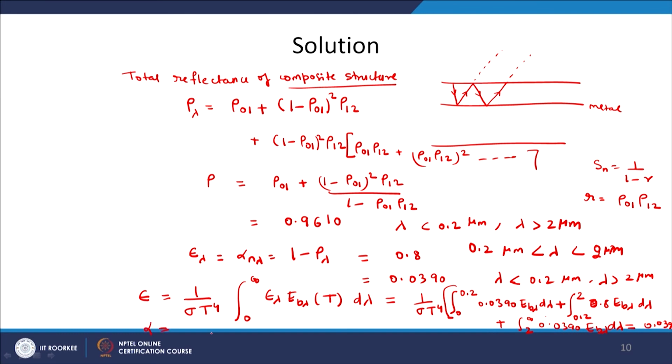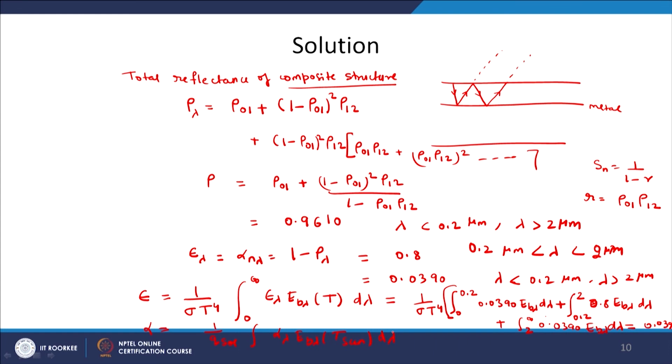Similarly, alpha is also calculated. I will just give you the result: 1 by q solar, the solar flux, times the integral of alpha lambda E b lambda, now evaluated at the sun temperature, d lambda.